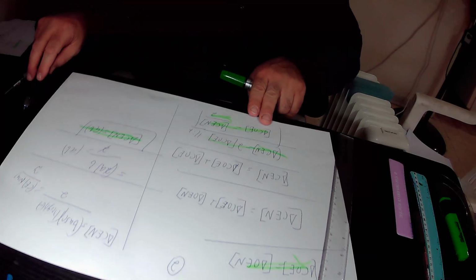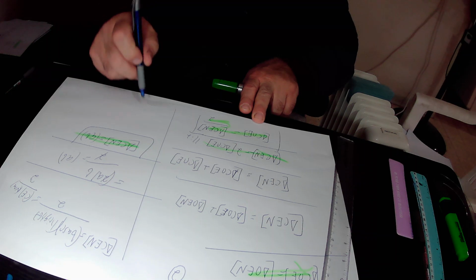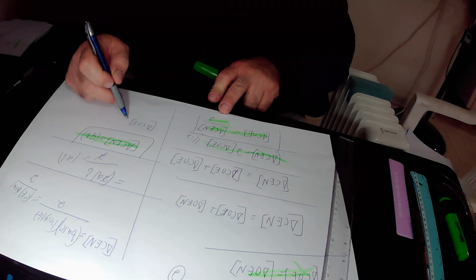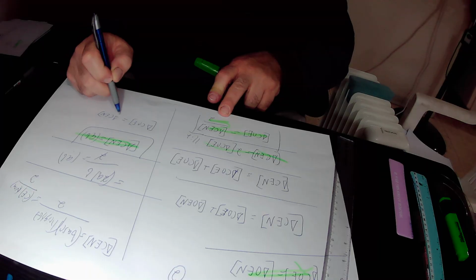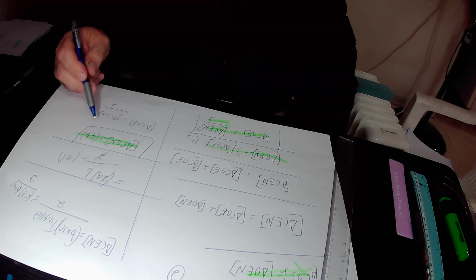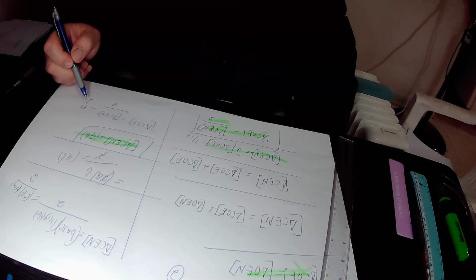We already found out that the area of the green triangle COE is equal to the area of the big triangle CEN over 2. But the area of the big triangle CEN is AB. So we can write that the area of the green triangle is AB divided by 2.